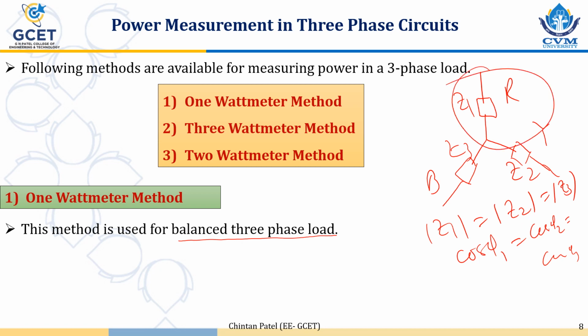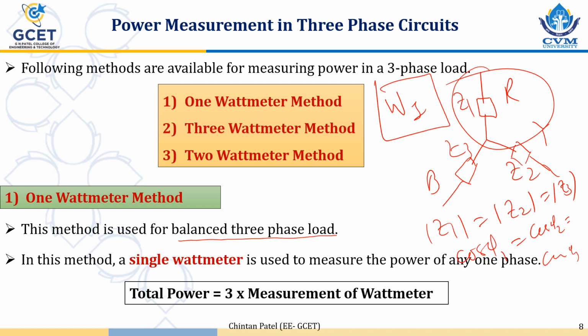Let's say we connect the wattmeter across R phase only, and we measure W1, for example, W1 of R phase. To calculate the total power, we need to multiply this reading W1 by 3. So the total power consumed by this perfectly balanced three-phase load is 3 into the measurement of that single wattmeter.